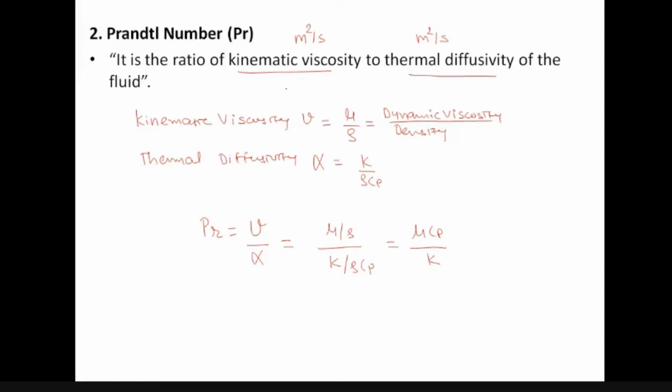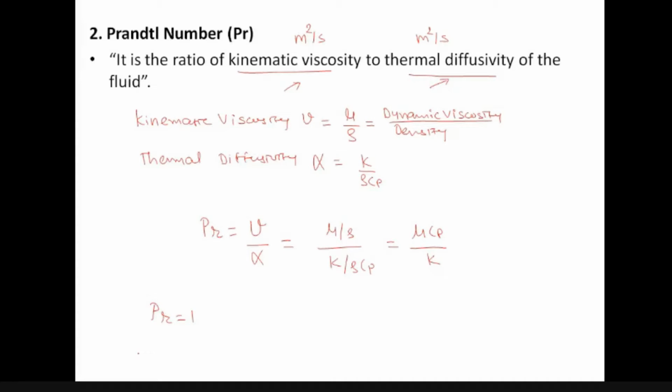So the kinematic viscosity shows how the momentum is diffused, and thermal diffusivity shows how the energy is diffused. So it shows the relationship between the momentum diffusion as well as the thermal diffusion, and that's why it is very important. And the Prandtl number for gas is equal to 1.